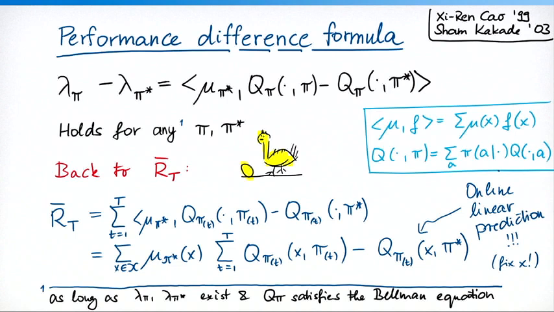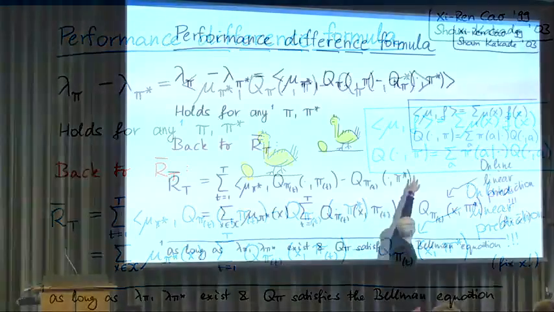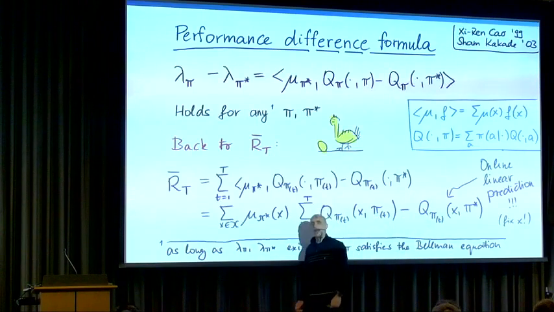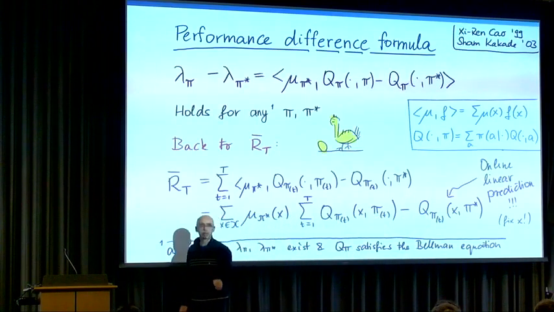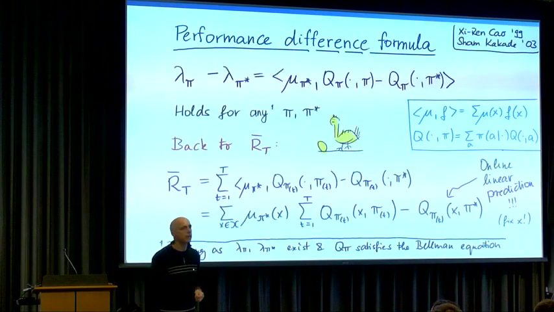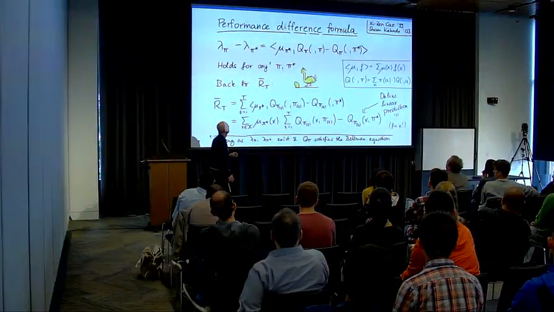The meaning of this notation when I plug in the policy in the second argument is that I'm taking an average with respect to the state distribution at the given state according to that policy. What is mu? Mu is the stationary distribution under pi star, which I assume to exist for simplicity.